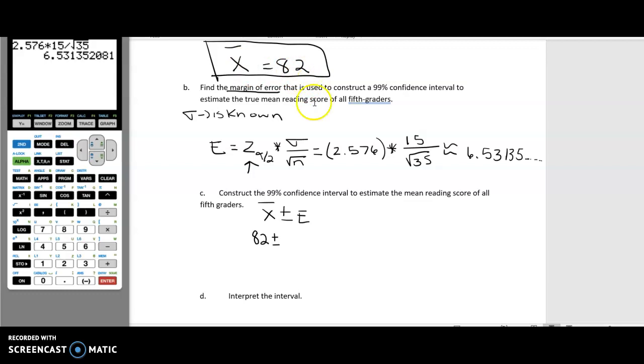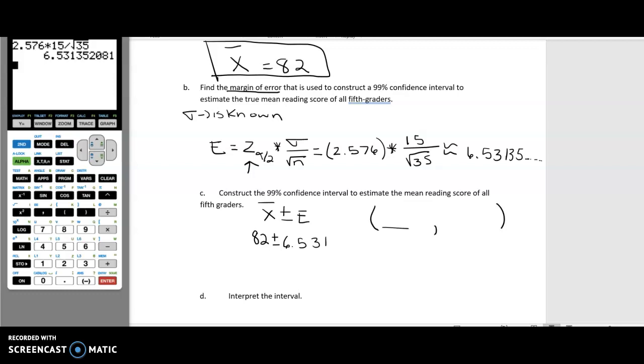Your margin of error was calculated on the previous step, so it's 6.531, just going out 3 or 4 decimal places, and then you round at the end. And to actually get the lower limit and the upper limit, you have to add and subtract those numbers.